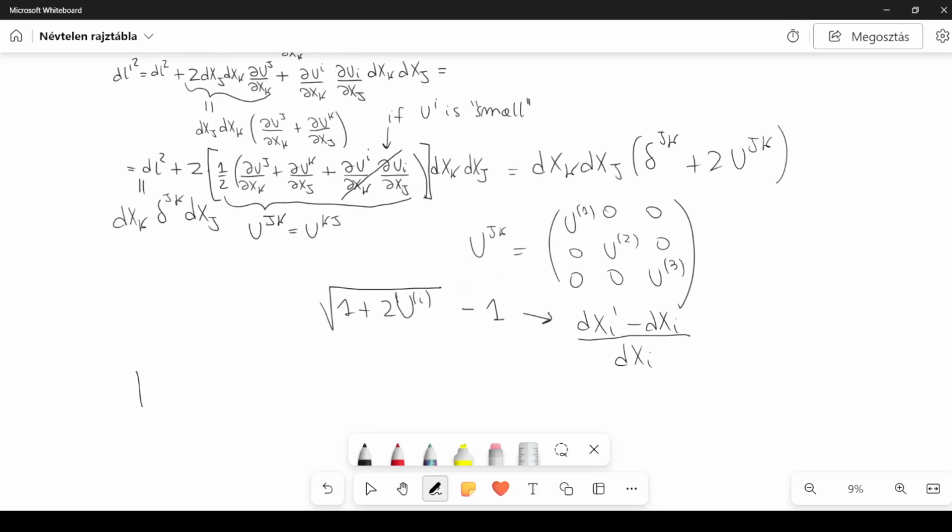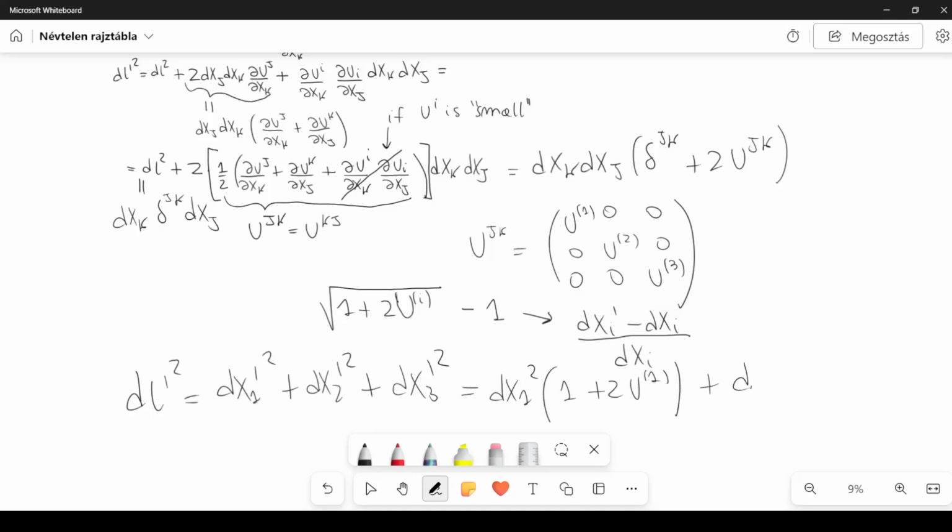Let's give a simple example. If we consider dl prime squared, this might be written as dx1 prime squared plus dx2 prime squared plus dx3 prime squared. And this is also given by this expression, and we can make ujk diagonal along the three principal axes, and we can write dx1 squared, which multiplies 1 plus 2u1, plus dx2 squared, which multiplies 1 plus 2u2.